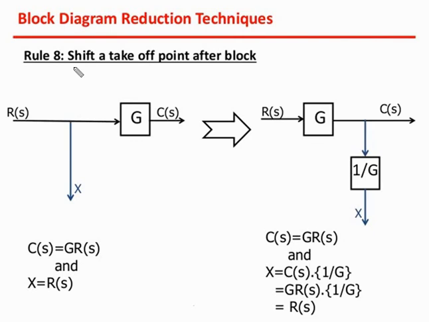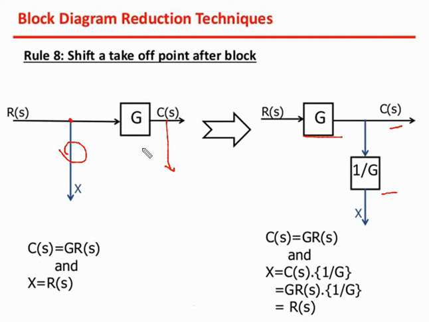And now vice versa, if we shift the takeoff point from before a block to after a block, here the takeoff point is before a block. What do we have to change in this block? This block is multiplied by the inverse of the gain G, so it is 1 by G. By doing this, the output CS will remain the same in both cases.